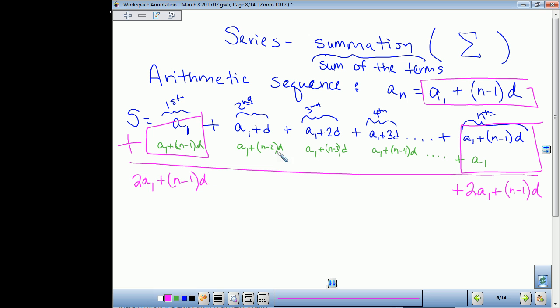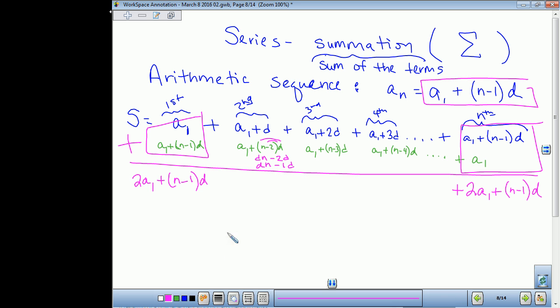Now this is a little harder to see, but I'm going to kind of finagle it a little bit. If I were to distribute right here, do you see I get dn minus 2d? And if I do a minus 2 and a positive 1, is that dn minus 1d?